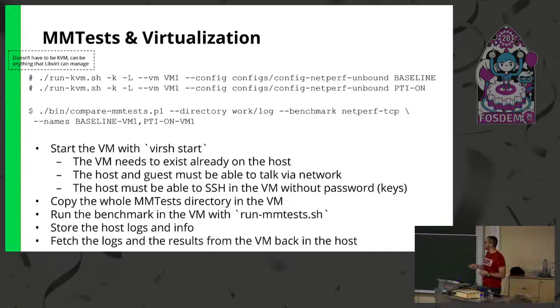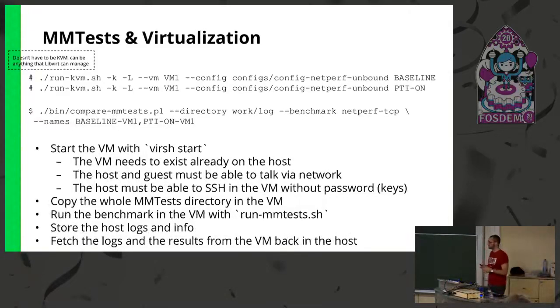And it's pretty much the same as before, with the difference that, well, these two parameters, just ignore them for now. But you specify, in addition to the config file and the name of the run, the name of a VM. So again, for now, this is pretty much a work in progress, so I will have a few words about it later.